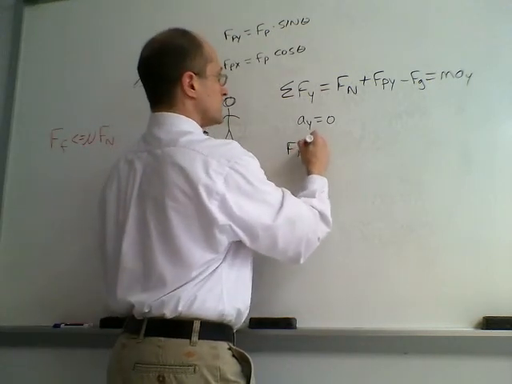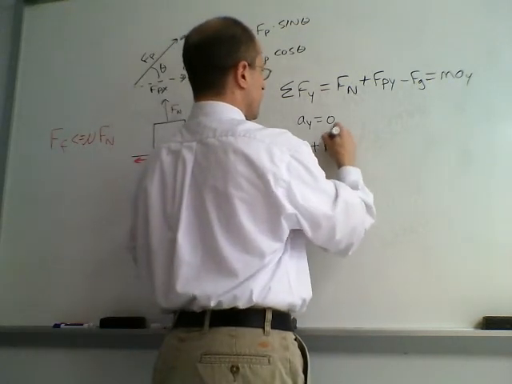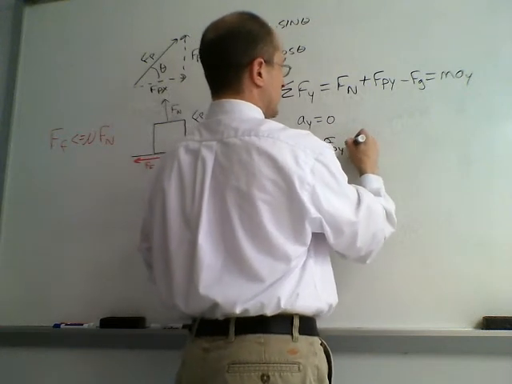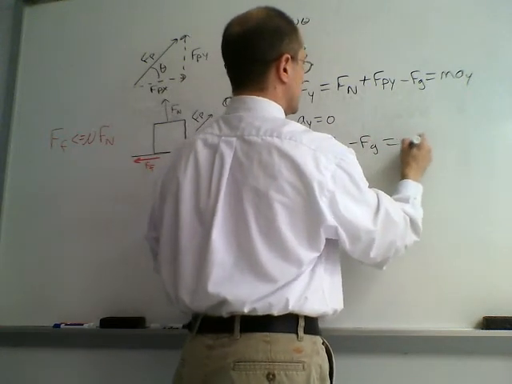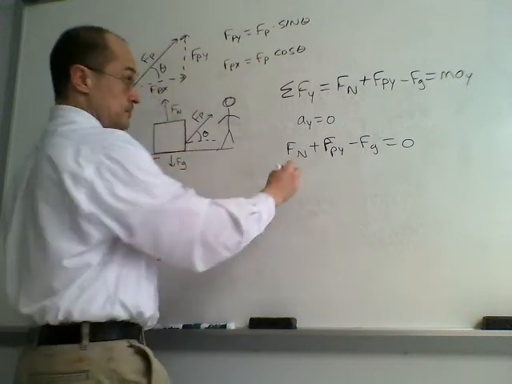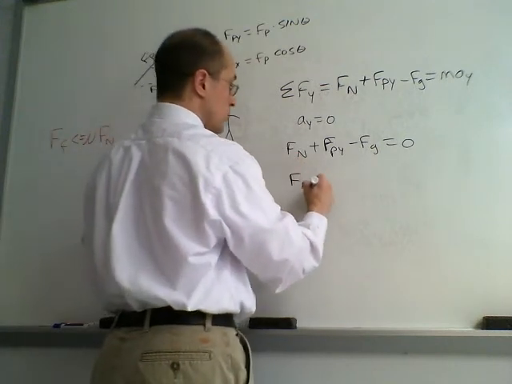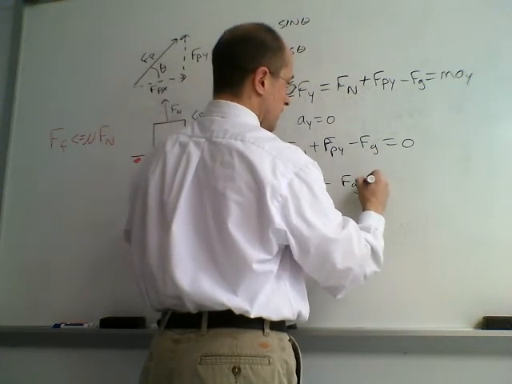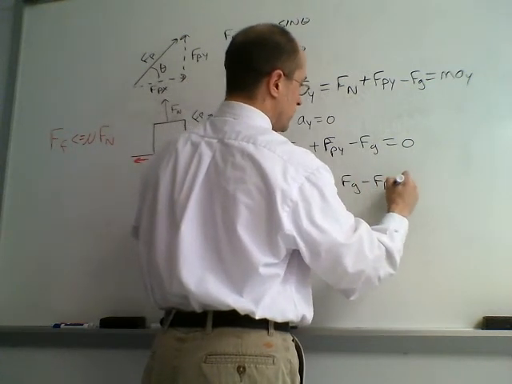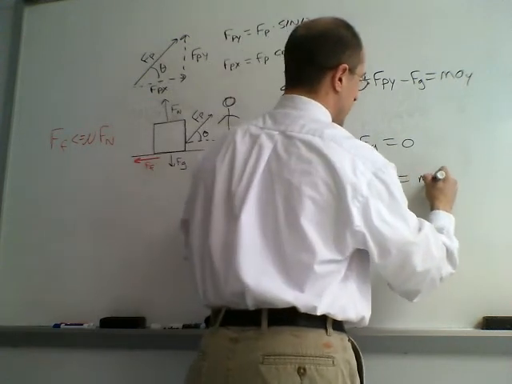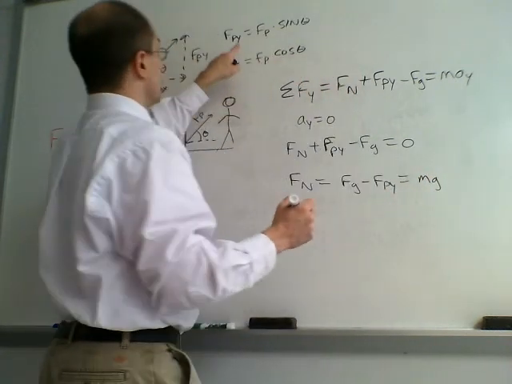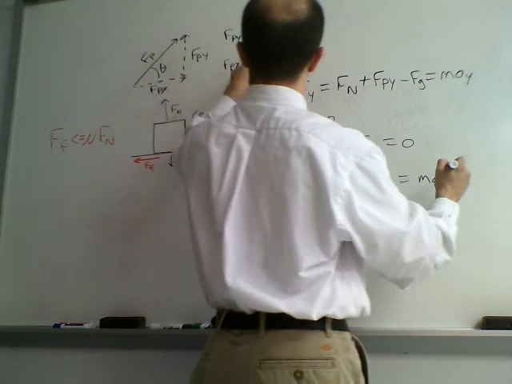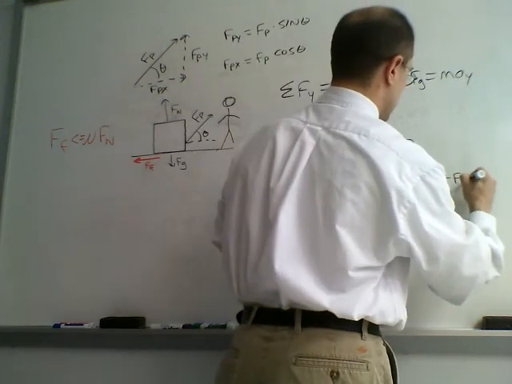So the normal force plus the force of my pull in the y minus the force of gravity is equal to 0. This tells us that the normal force is the force of gravity minus the force of the pull in the y, which is now mg minus Fp sine theta.